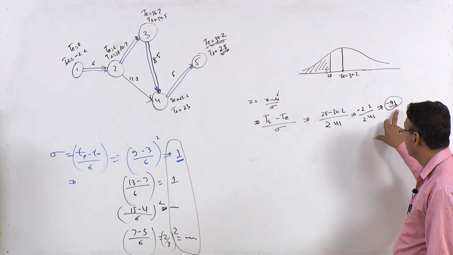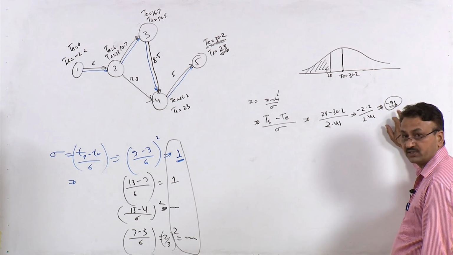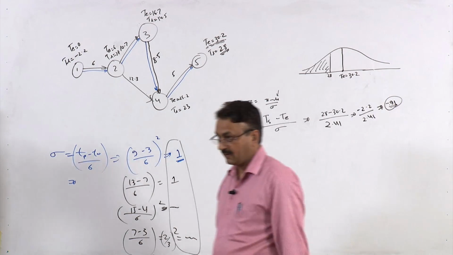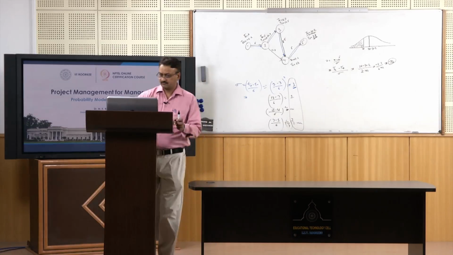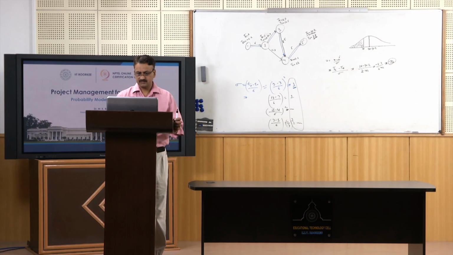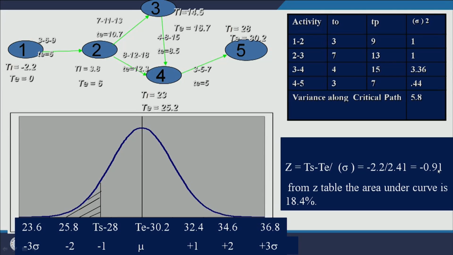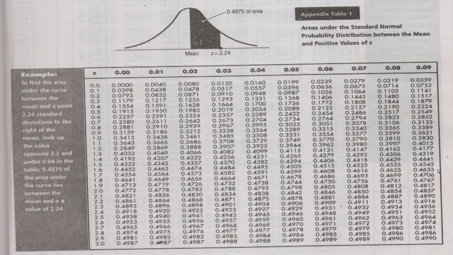Now look at the area under the curve at 0.91. So we'll see the table. This is Z value 0.91 in the Z table, and the value is 0.3186.